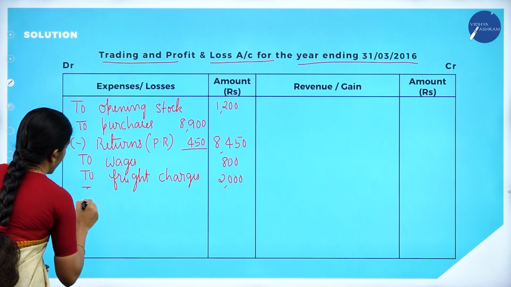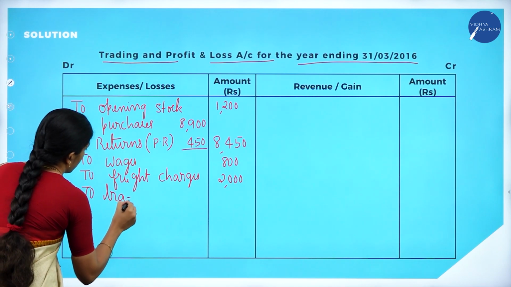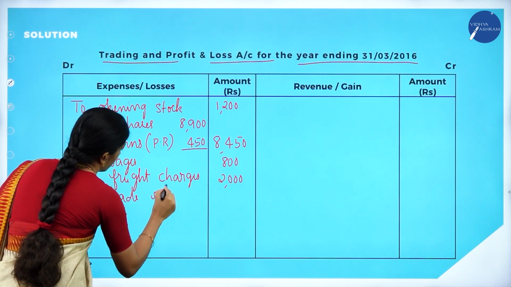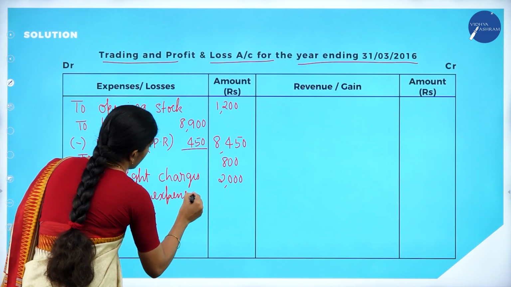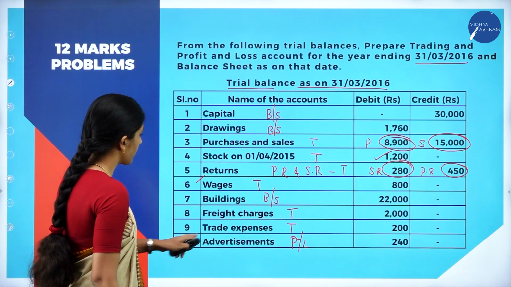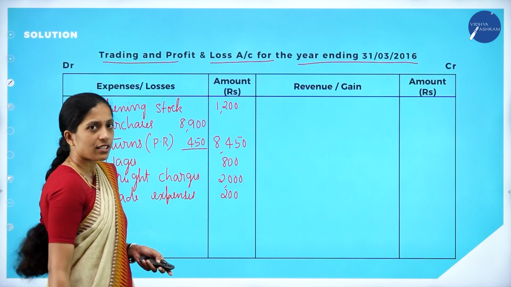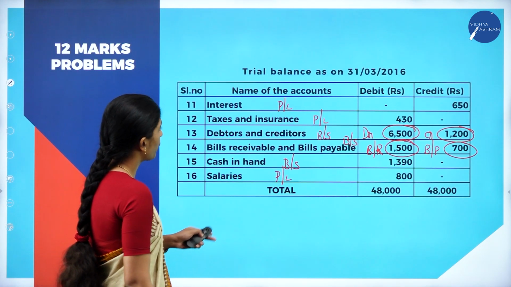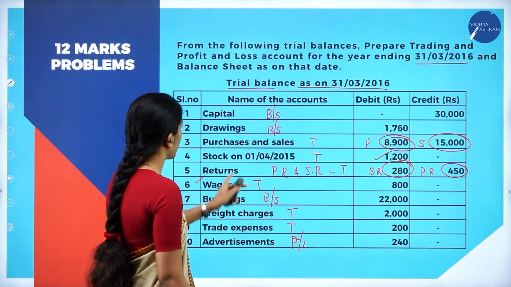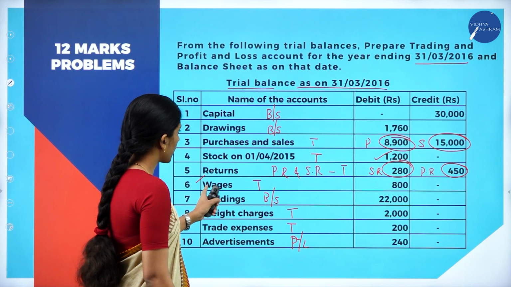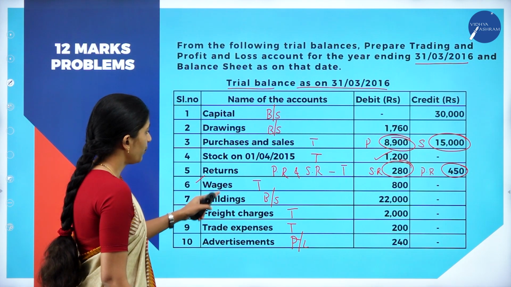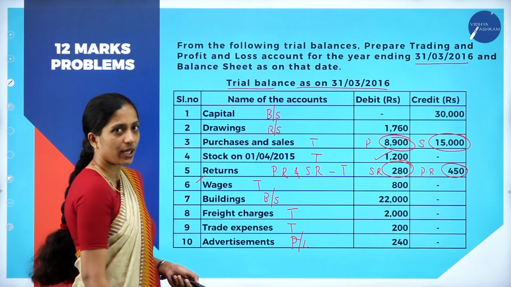Next we have to trade expenses, and trade expenses is 200. Next, if you see other items here, we don't have any other items under trading account. Purchases is done, stock is done, returns is done, wages, freight charges and trade expenses.